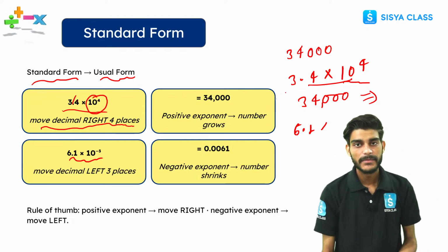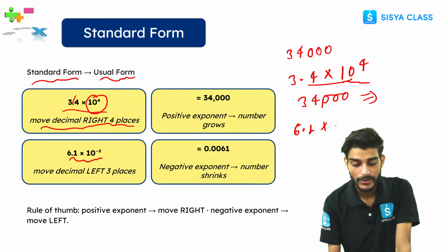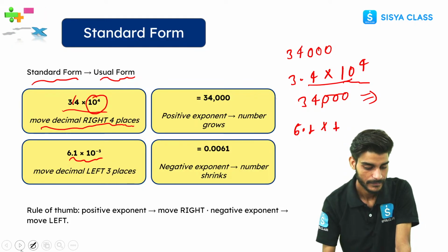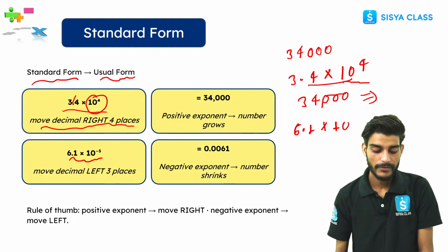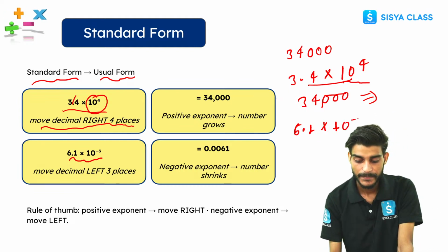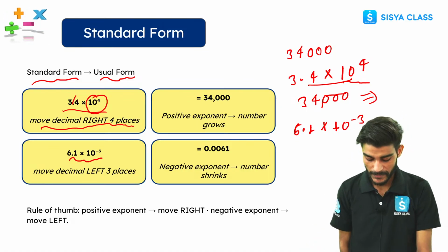What for small numbers, sir? For small numbers, suppose 6.1 into 10 raised to the power minus 3.